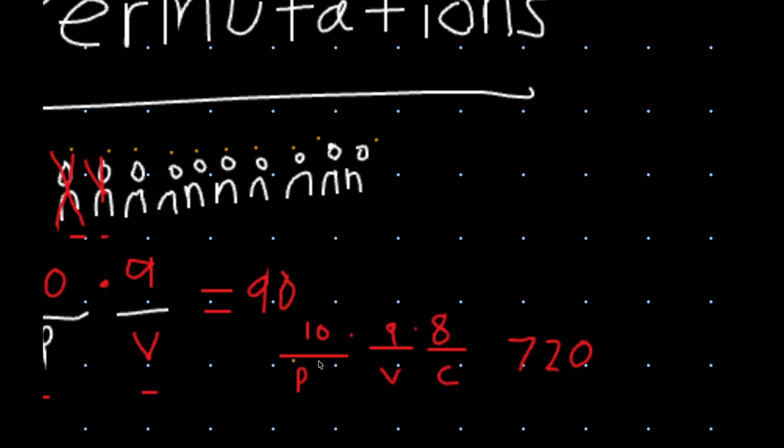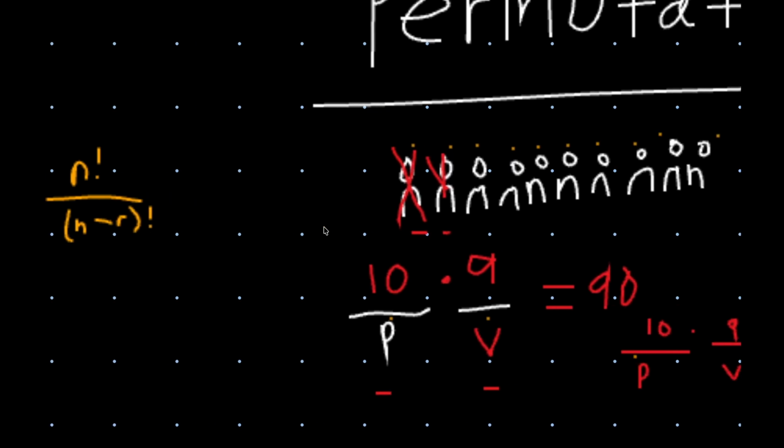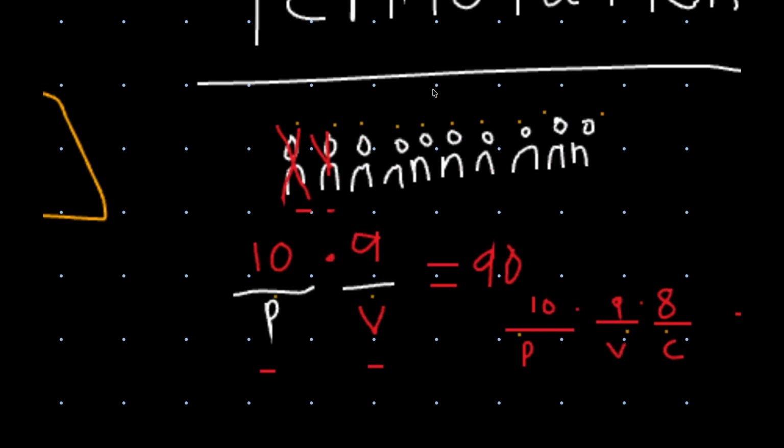Like in this case, it's 3. In this case, it's 2. This is equal to n factorial, I'm assuming you guys have already learned what factorial is, over, in parentheses by the way, n minus r factorial. So let's apply this formula to the same problem.